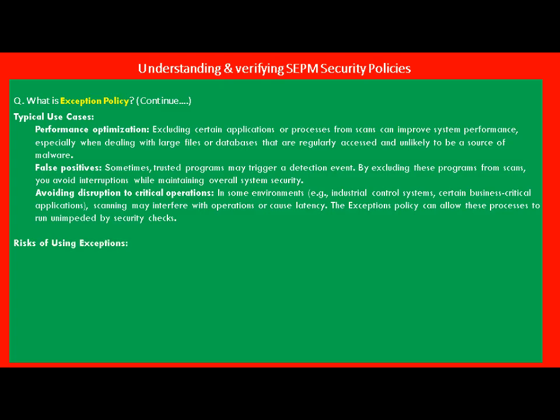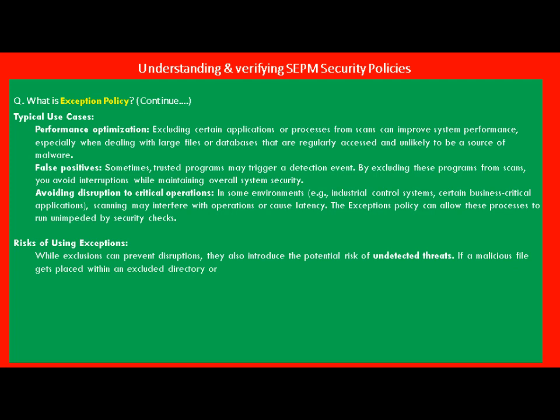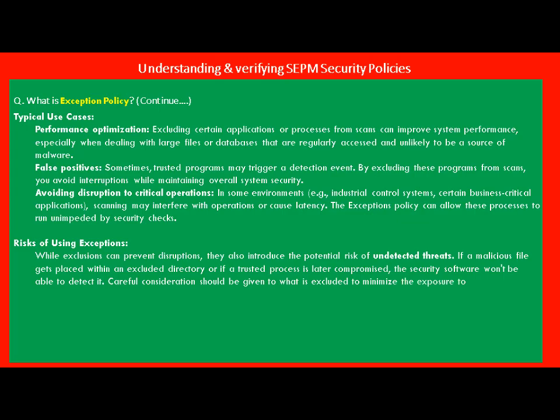Risk of using exceptions. While exclusions can prevent disruption, they also introduce the potential risk of undetected threats. If a malicious file gets placed within an excluded directory, or if a trusted process is later compromised, the security software won't be able to detect it. Careful consideration should be given to what is excluded to minimize the exposure to potential vulnerabilities.